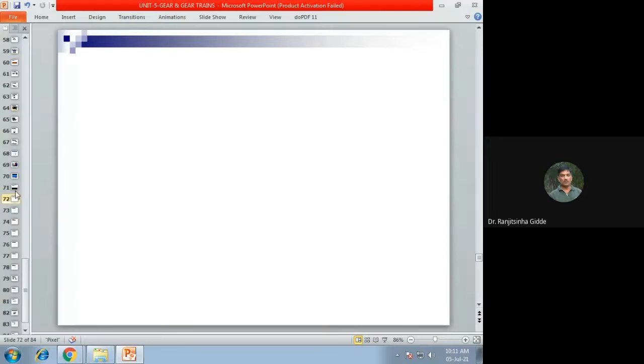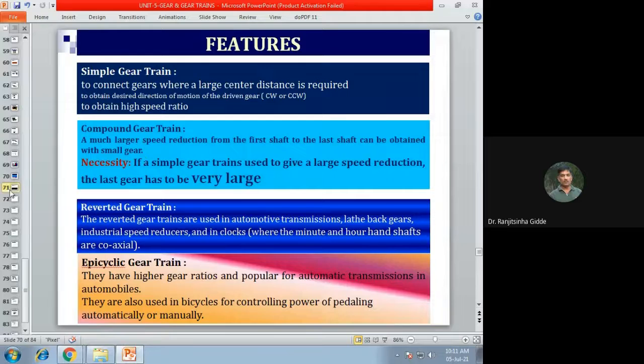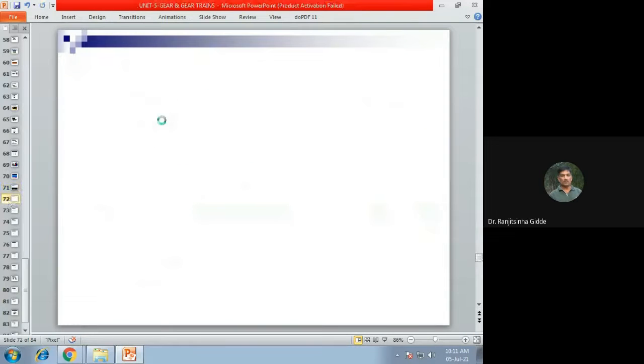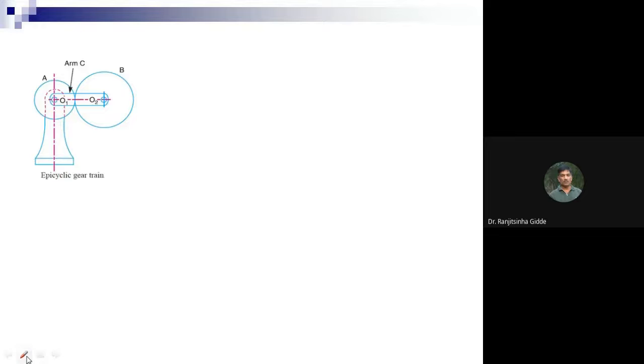Once again I will write here serial number, condition in short.